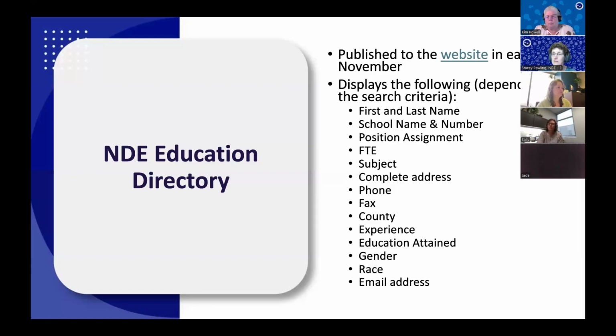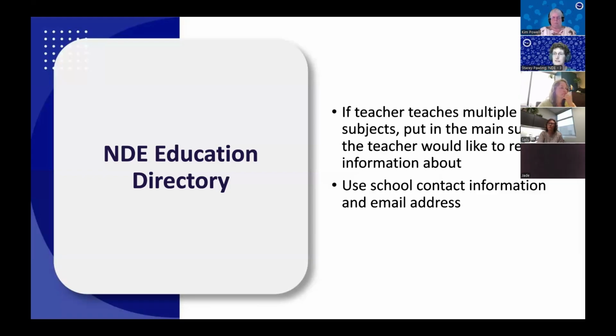So that is the number one thing. The other thing is that if a teacher teaches multiple subjects, then in the demographic section, when you choose what subject that teacher wants information about, say they're a science and social studies teacher because you're a small district, select one of them, because that's the main subject that's going to show in the NDE Education Directory.